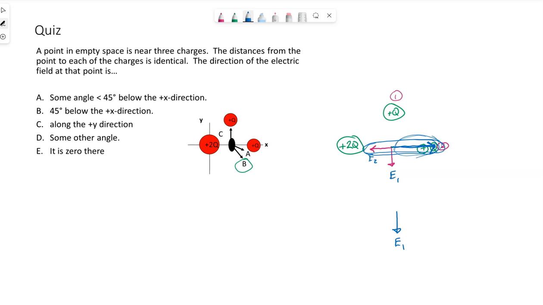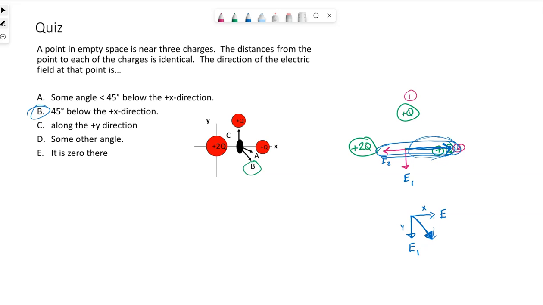Because this 2Q creates twice the electric field, we essentially get the same magnitude as E1, but pointed to the right. So when we add these together, the result will be exactly at a 45-degree angle. Because these two, the vertical and the horizontal, will have the same magnitude. Because they were the same charges at the same distances. So B is correct.